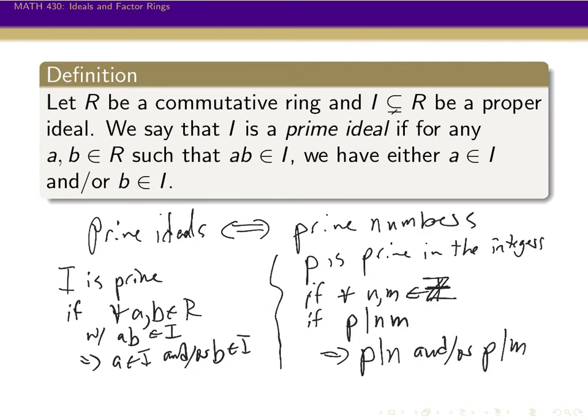And so this p dividing n times m corresponds to a times b being inside the ideal. So p dividing the product is the same as the product being inside the ideal. And then the conclusion, again, being inside the ideal is mirrored to the prime dividing it.